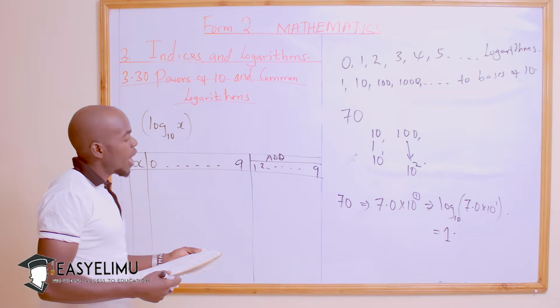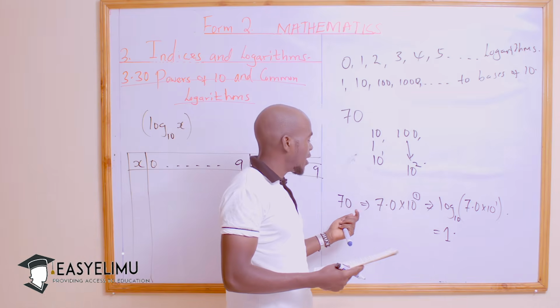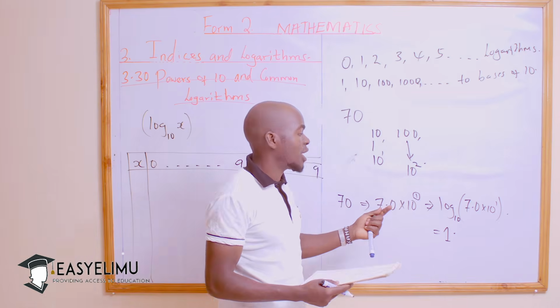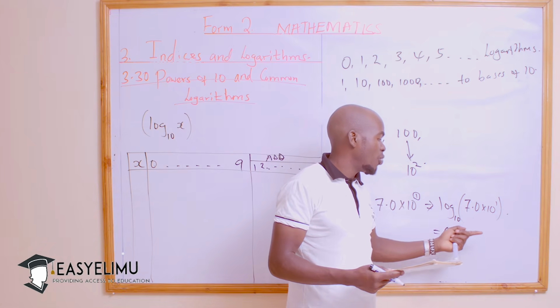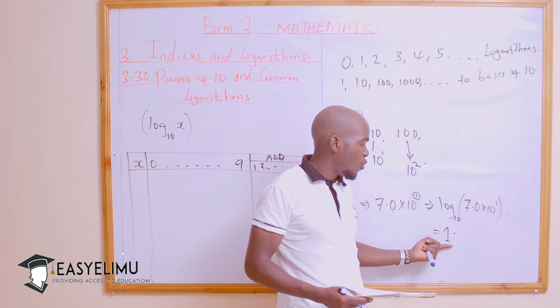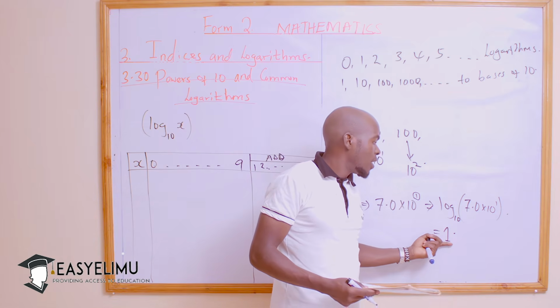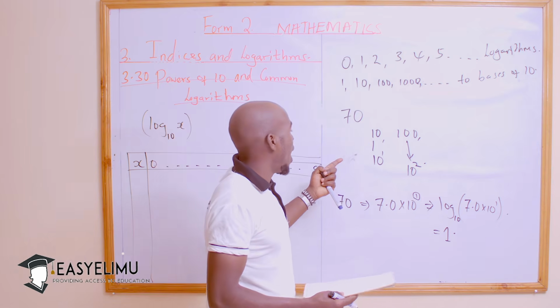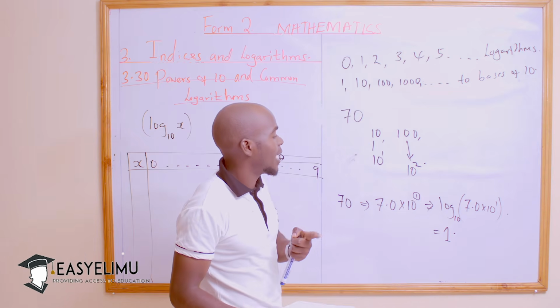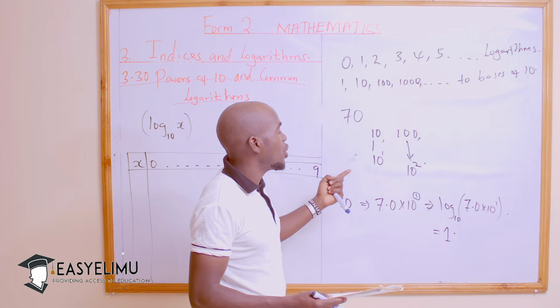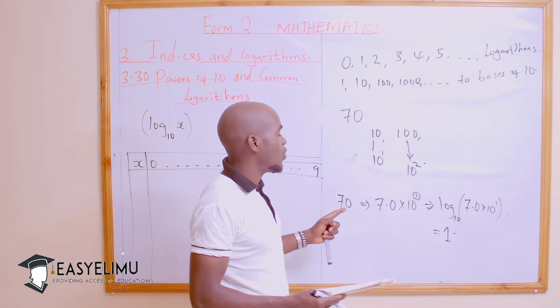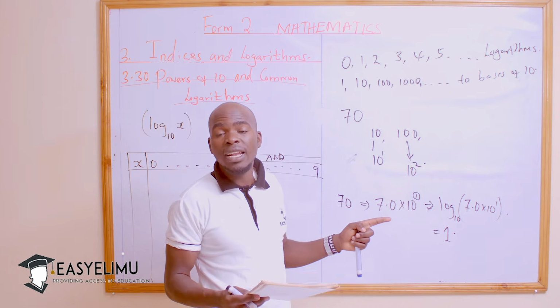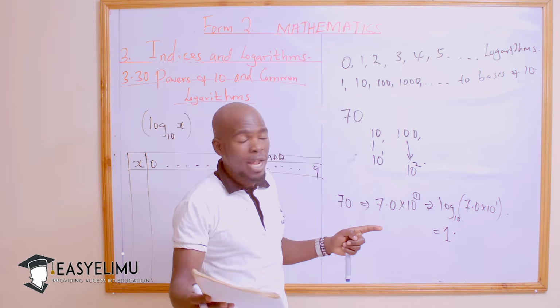So, if you want to find the logarithm of 70, first you write it in standard form, and we have found the first part, which is 1. Then, since 7 is between 1 and 10, what we shall find is between 0 and 1.